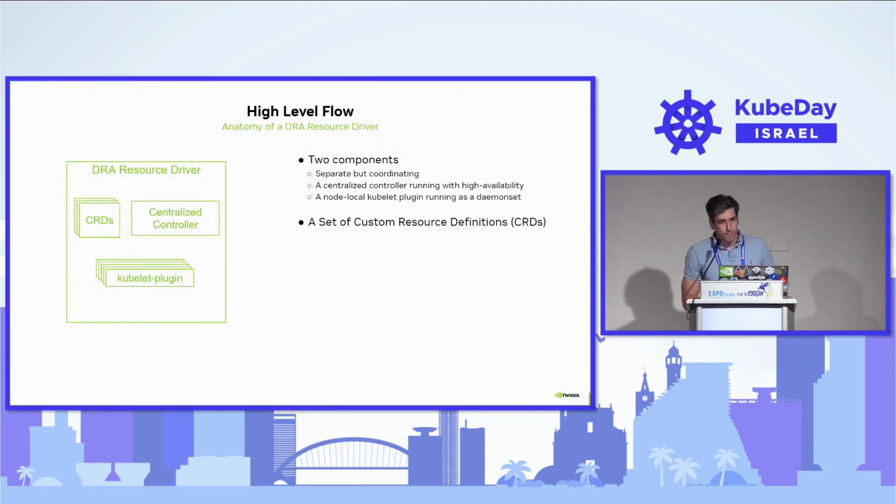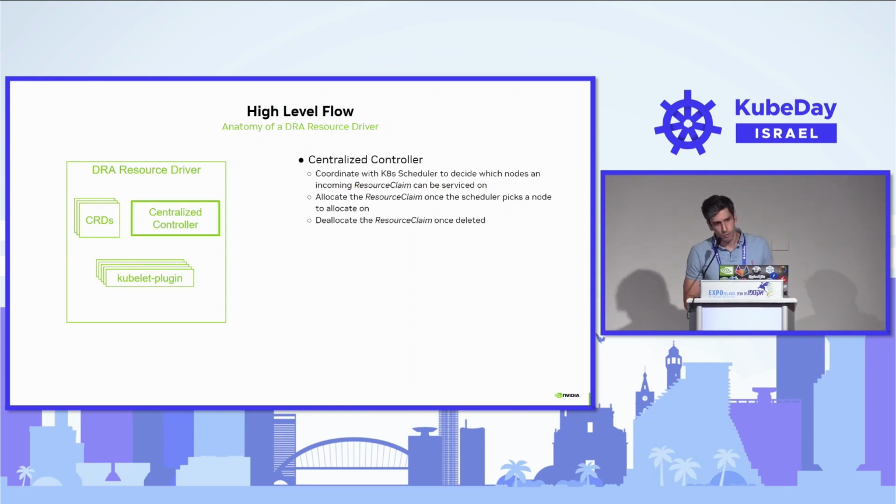All right, so what is the anatomy of a DRA resource driver? Essentially, it's composed of two components: a centralized controller, which is running with high availability, and a node-local kubelet plugin running as a daemon set. And we also have a set of CRDs, as Freddy explained. The centralized controller coordinates with the Kubernetes scheduler to decide which nodes an incoming resource claim can be serviced on.